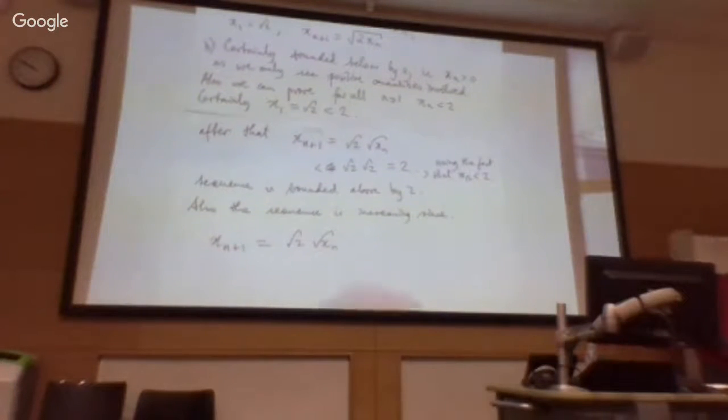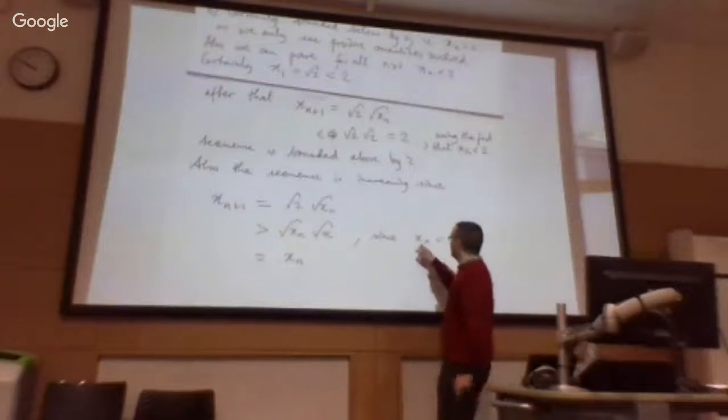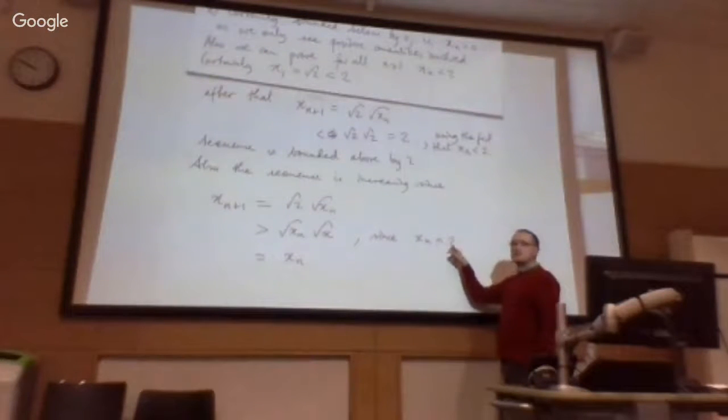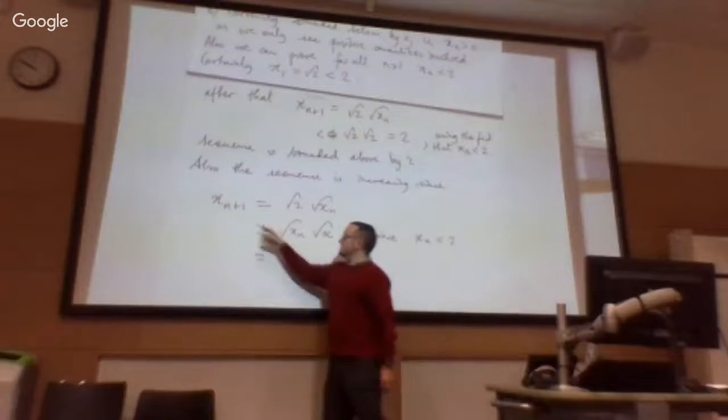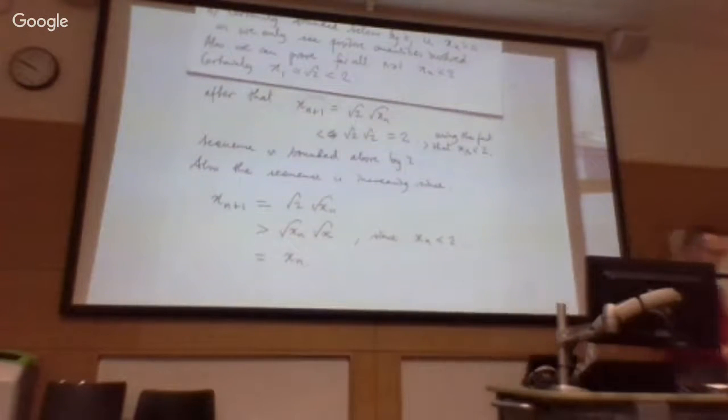But this has to be bigger than the square root of xn by the square root of xn. Why? That's because xn is strictly less than 2, but of course that's just equal to xn. I've already proved that the sequence is bounded above by 2, so this shows that xn plus 1 is strictly bigger than xn. So it's an increasing sequence.